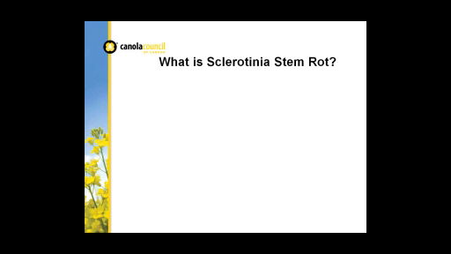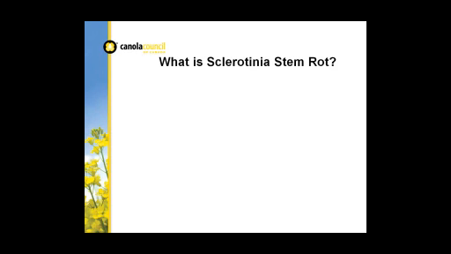Okay, let's get started. I'm going to take a little bit of a different tactic here in talking about Sclerotinia. I've got a series of images coming up. I want to see how good your identification skills are. Now, if you are seeing any of the Sclerotinia symptoms that I'm showing you here today, it's going to be too late. There's no way that you can make a fungicide application pay, but at the end of the season, if you know what Sclerotinia looks like, then it should make knowing whether or not you're going to have a problem the next year a lot easier.